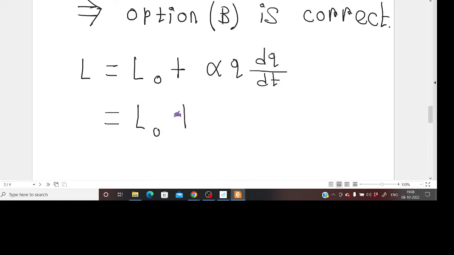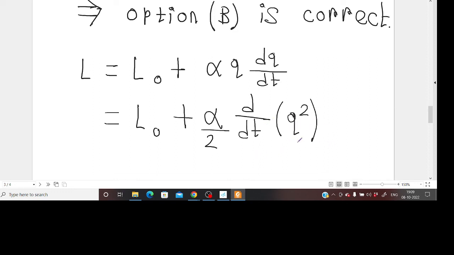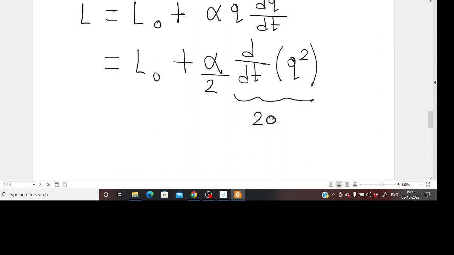Now I will write the second term as this: alpha by 2 into ddt of q square, because ddt of q square is equal to 2 into q into dq dt, and here we have alpha by 2, so this will be equal to finally alpha into q into dq dt, right?